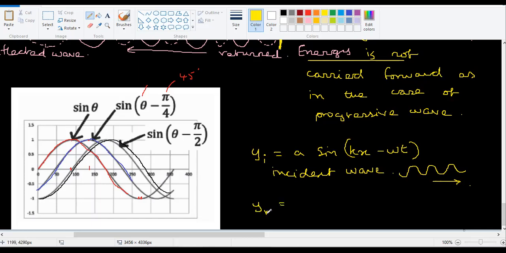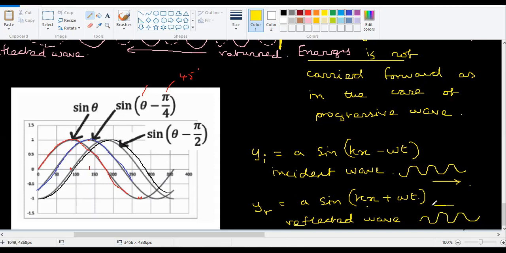YR, I'm going to call it as reflected wave. So A sine kx plus omega t. So this is the reflected wave. So that means it's going to come back like this.